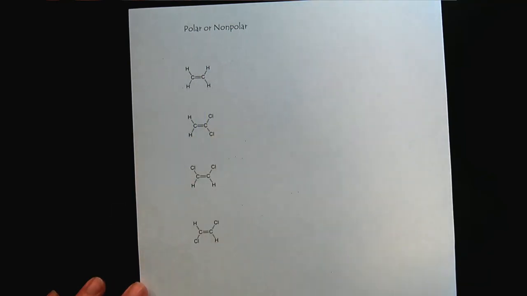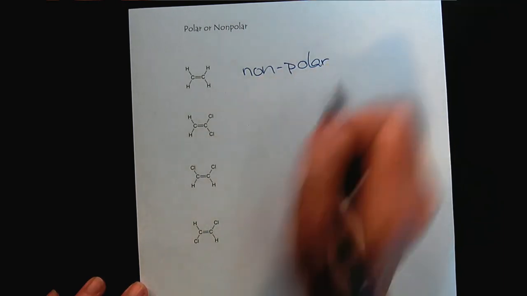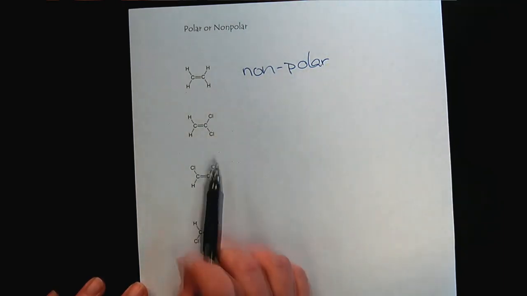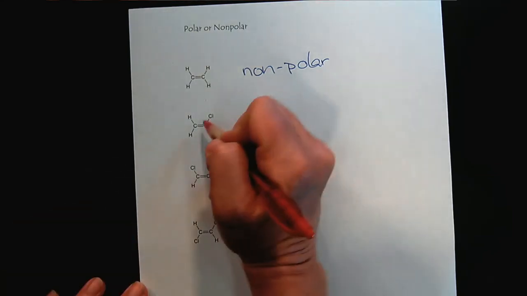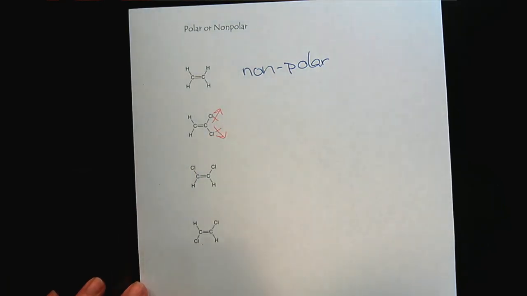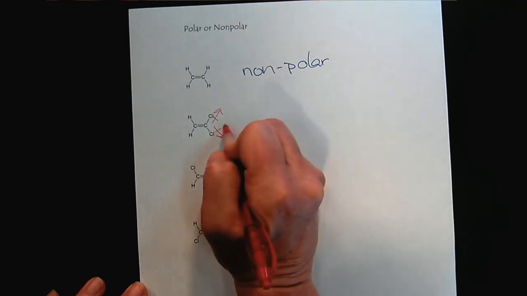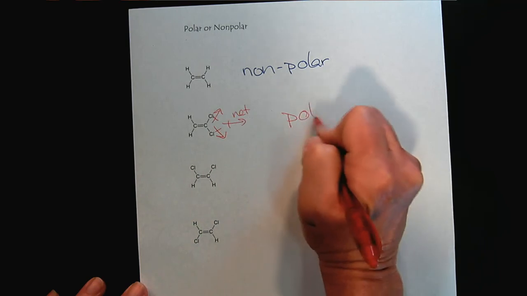Anytime it's all carbons and hydrogens, nonpolar. Now we've replaced 2 of the hydrogens with chlorines. Here we notice, right, that both of the chlorines are pulling in the same direction. They're both pulling to the right. So that creates the net dipole. So this will be a polar molecule.